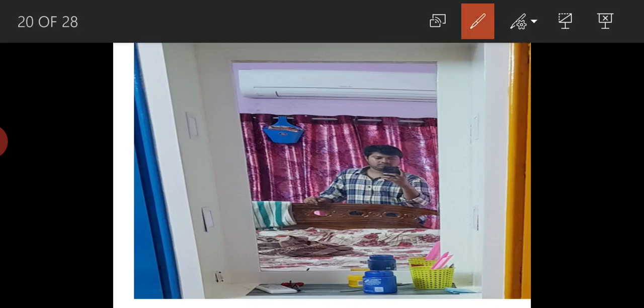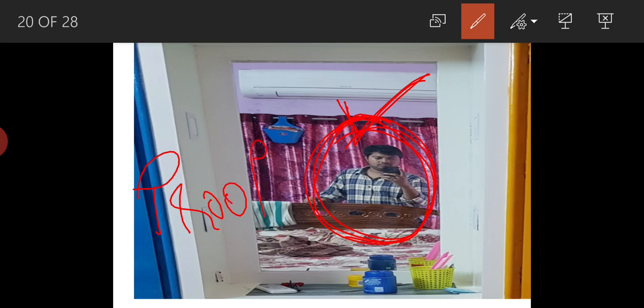Here in the picture you can see a person taking a photograph of his own image inside the mirror. The image forming inside the mirror is nothing but a virtual image, and this person is capturing a photograph of a virtual image. So this is the proof that virtual images can be photographed.